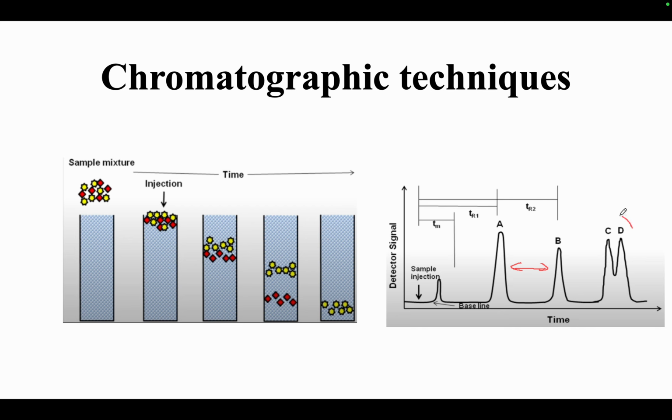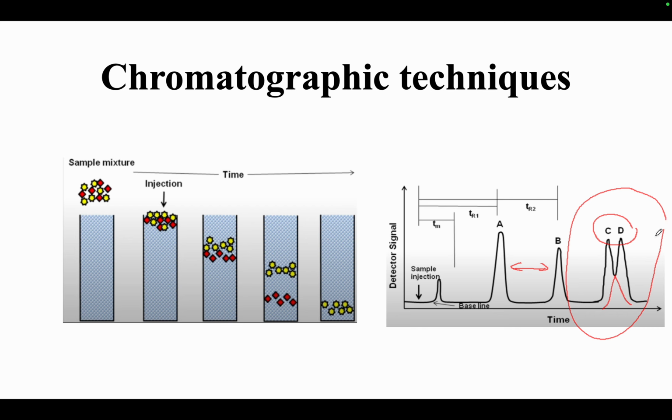But C and D have KD values which are very close to each other, and that's why they are eluted together. These are peaks which are not resolved. If such things happen, then we have to change our chromatographic technique and use a different one.